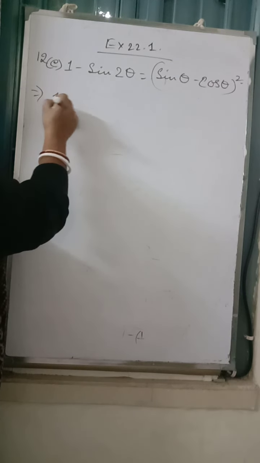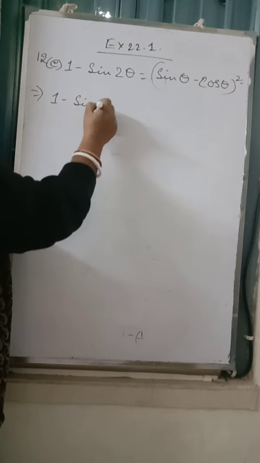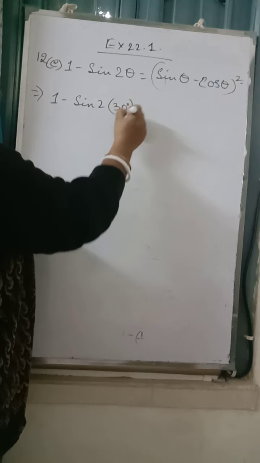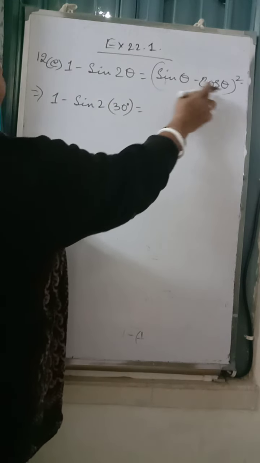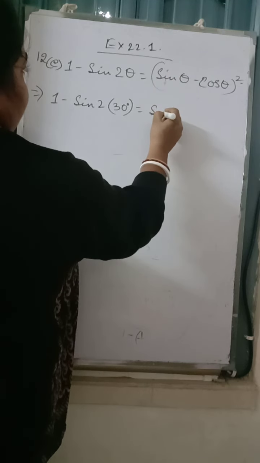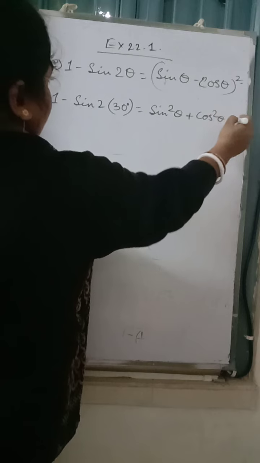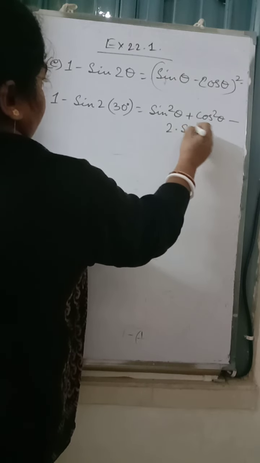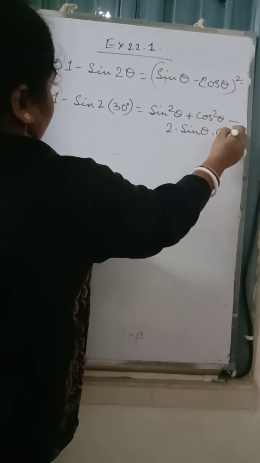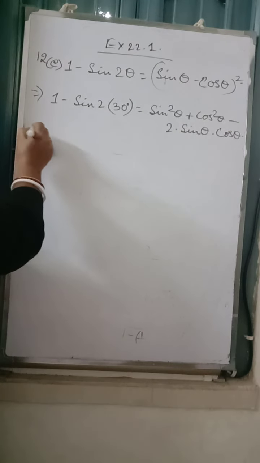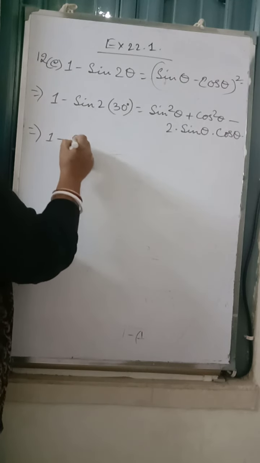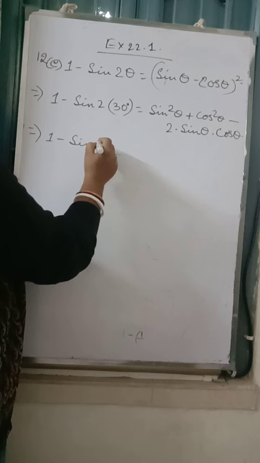It is given. Now we'll just put 1 minus sin 2 into 30 degree is equal to a minus b whole square, so a square plus b square minus 2ab. This is the formula we know. Now once again I will be just placing sin 2 into 30, 60 degree.